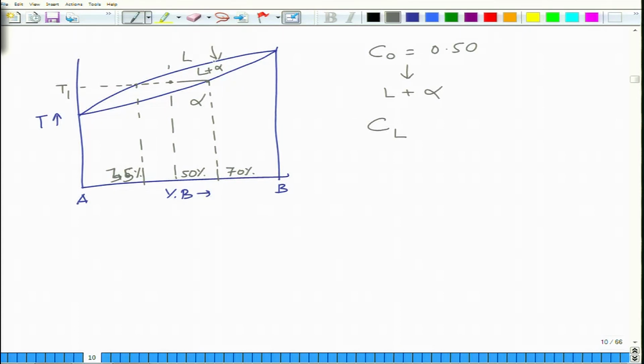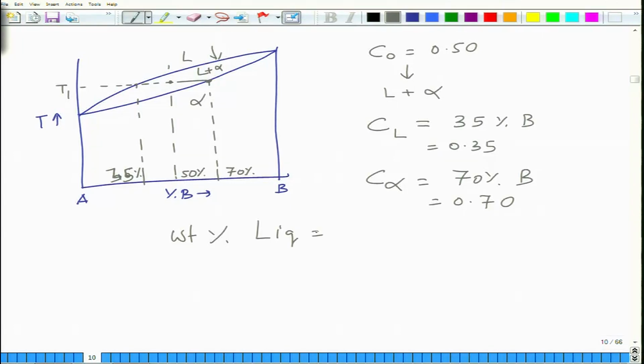So, intersection with the liquidus will give me C liquid, which is 35% B or 0.35, and C alpha will be equal to 70% B, which is this point, that is the solidus, intersection with the solidus, 0.70.